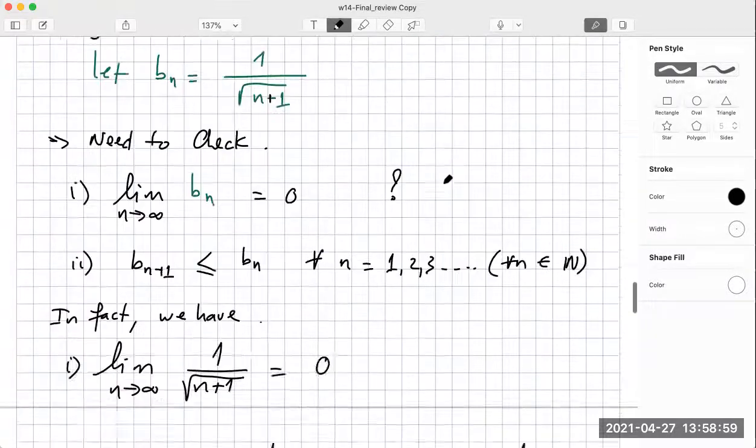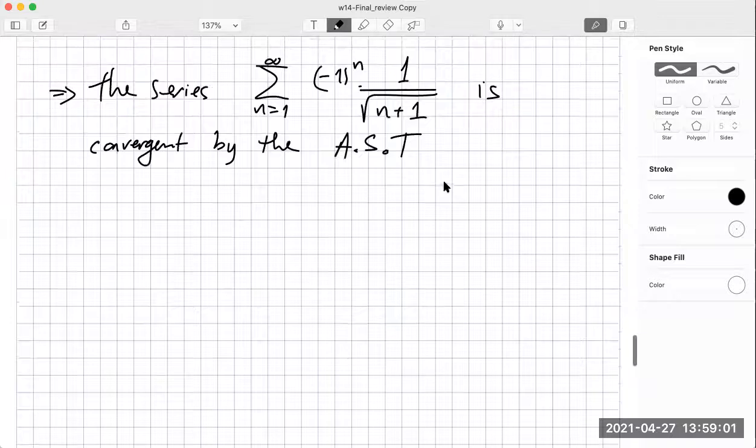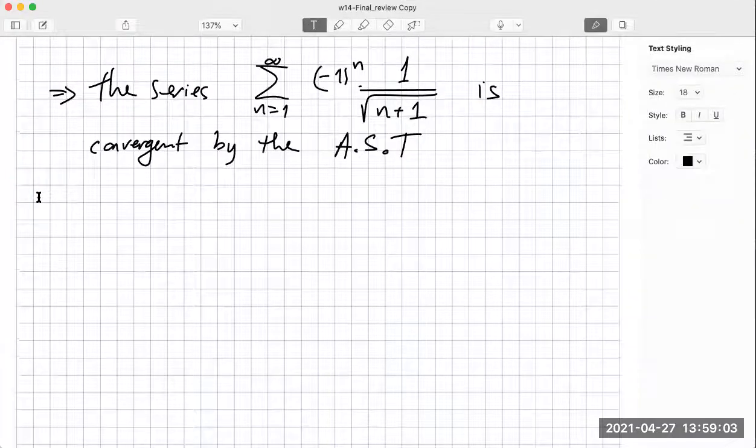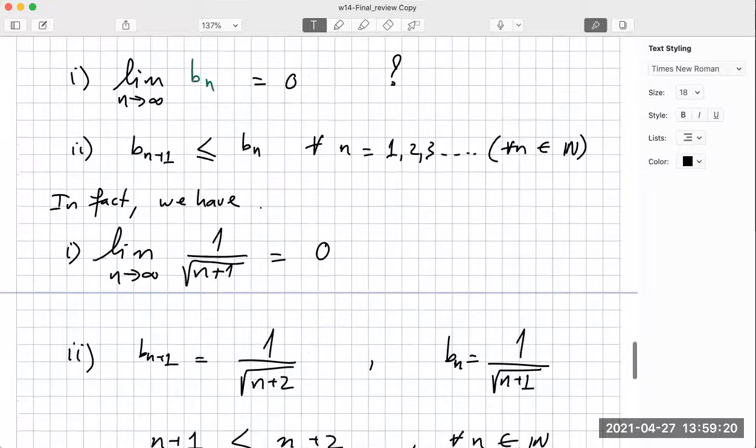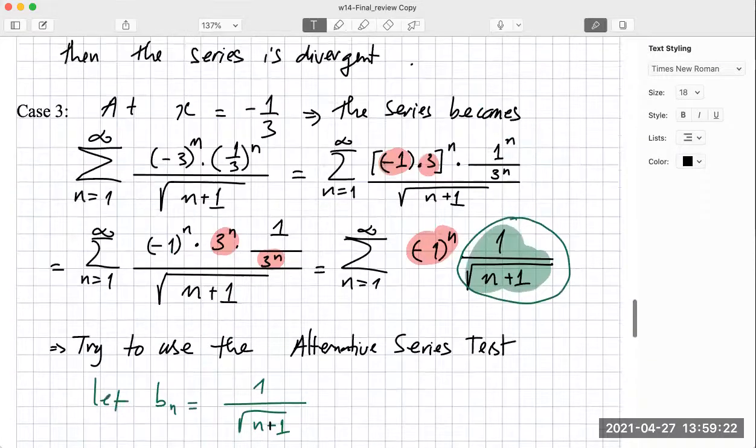So the case 4 here, at x is equal to 1/3, the series becomes, we do the same algebra here, right?